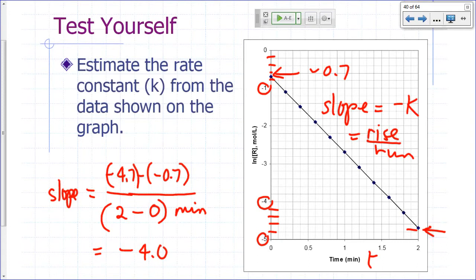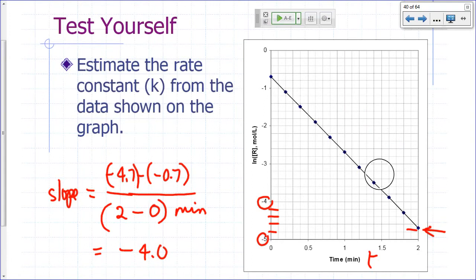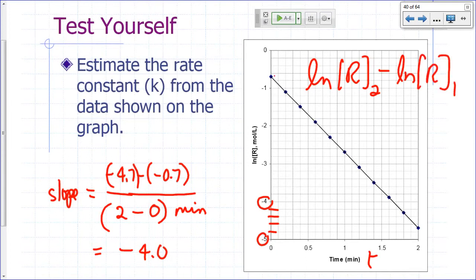Moles per liter, right? Think of it this way. Our numerator would be natural log of R at point number 2 minus natural log of R at point number 1, right? You pick 2 points. So let's call this point number 2 and point number 1. This is like y2 minus y1.